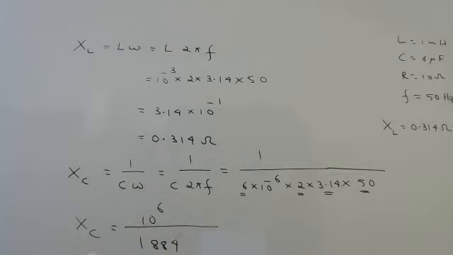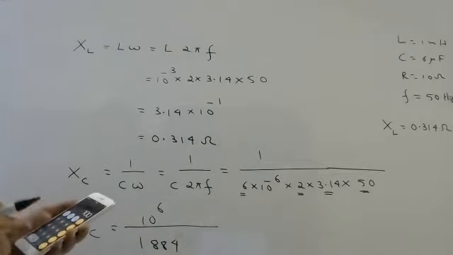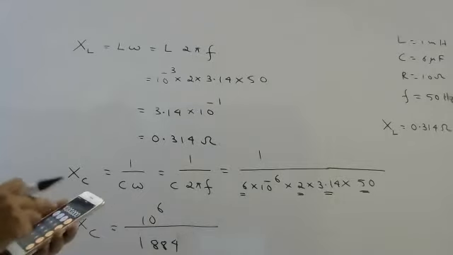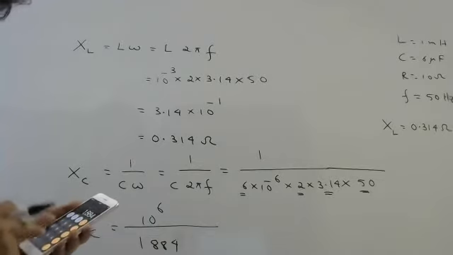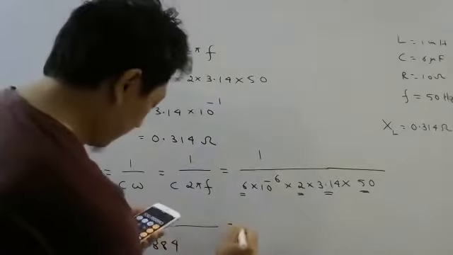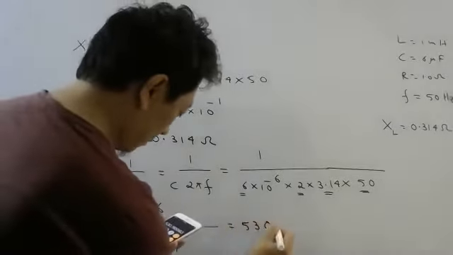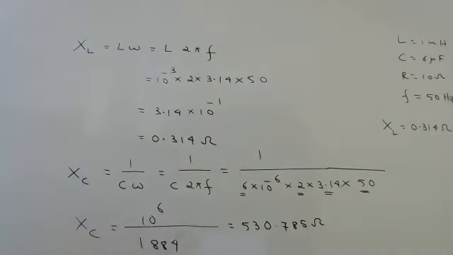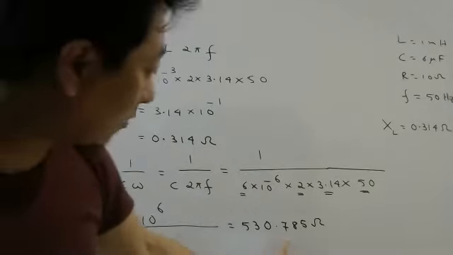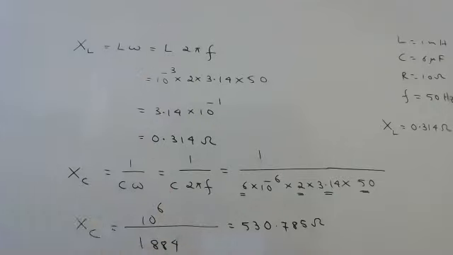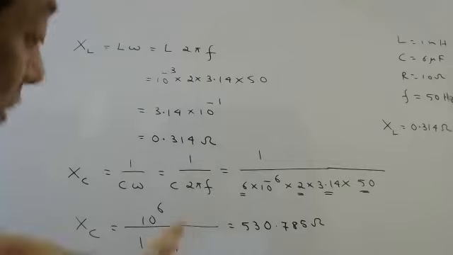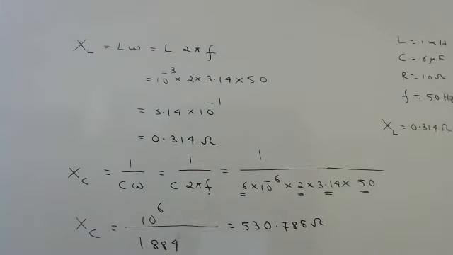Then you divide 10 power 6, that is 1, 2, 3, 4, 5, 6 zeros, divided by 1884. So 530.785. Correct? After decimal point, always write 3 decimal places. After the point, write 3 decimal places in board exam. Don't write more than 3 also.